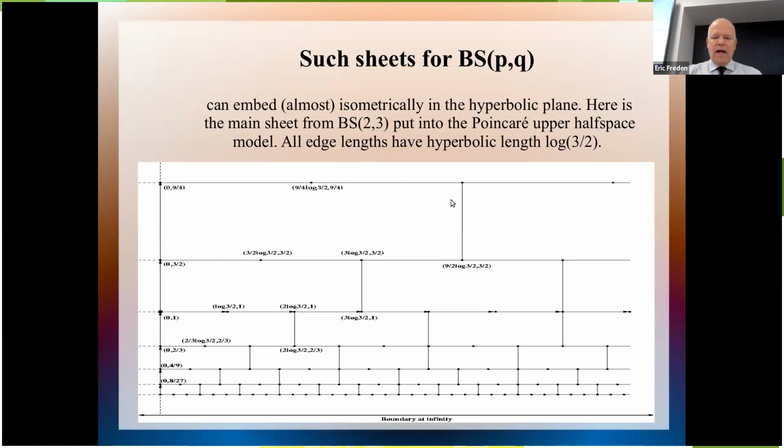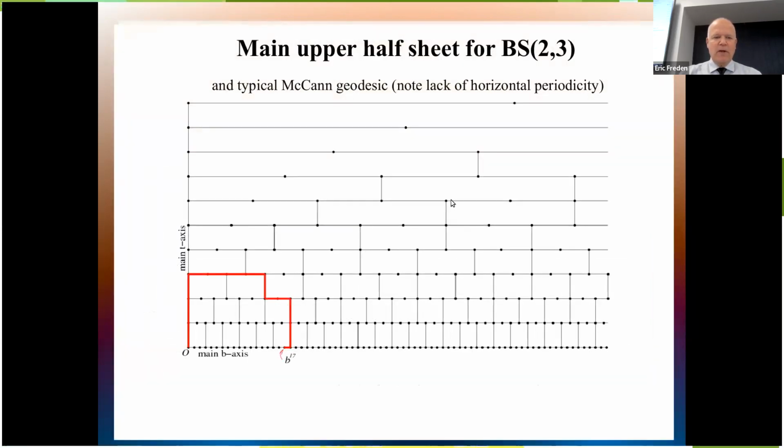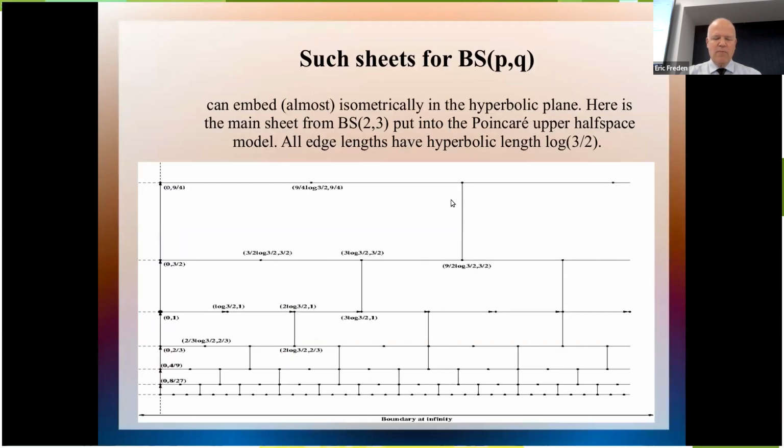All right. I'm going to take this last picture here and I'm going to embed it in the hyperbolic plane using the Poincare upper half plane. So here was my origin for the whole group. I'm taking the upper half space model. So the coordinates you see here are Euclidean coordinates, right? Because I don't know how to do intrinsic hyperbolic geometry. I have to stick it in a model and convert it to a model.